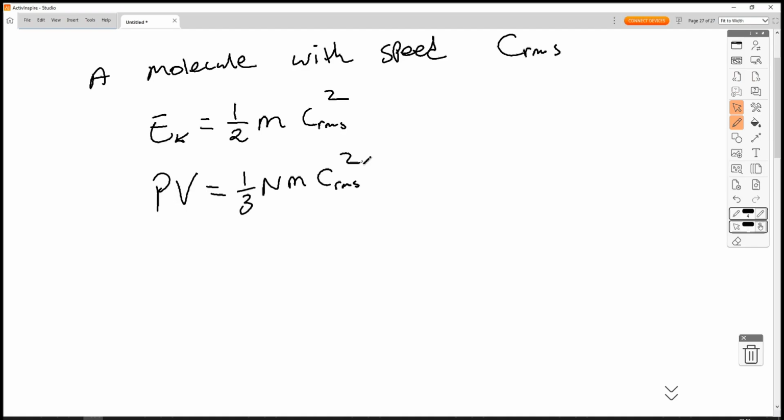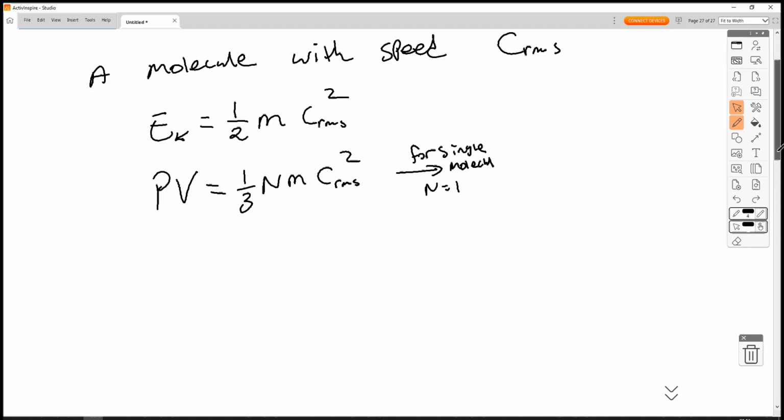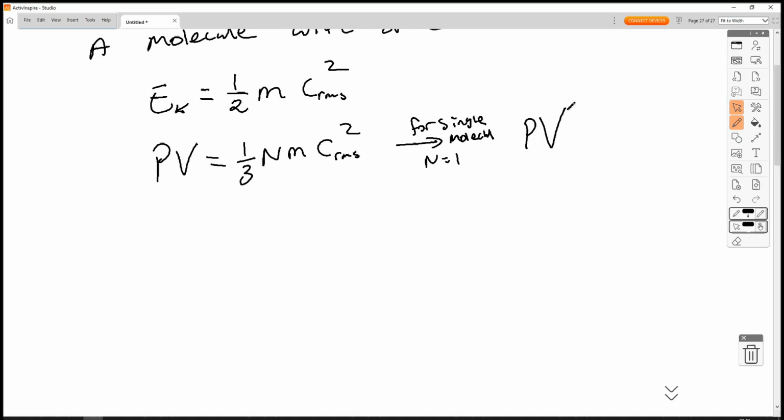Now for a single molecule, n is equal to 1. So we get PV equals 1/3 m c_rms squared.